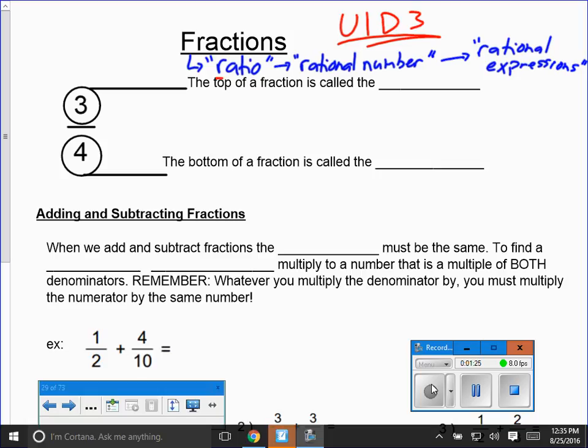So we see that same root word ratio pops up in all of them. That's what tells you anytime you see that word ratio, you're working with fractions.